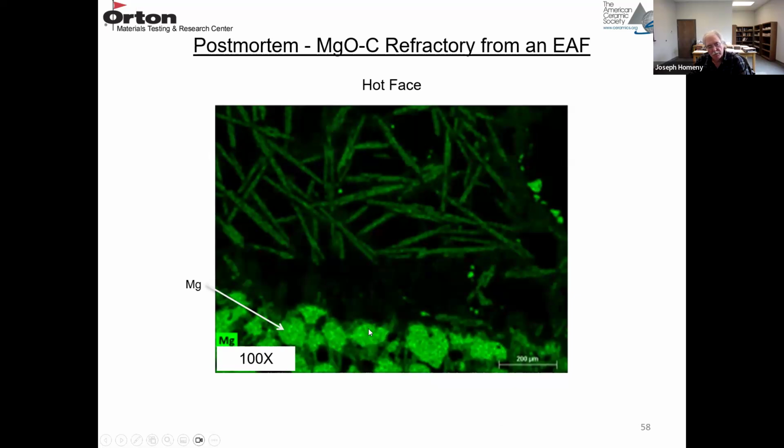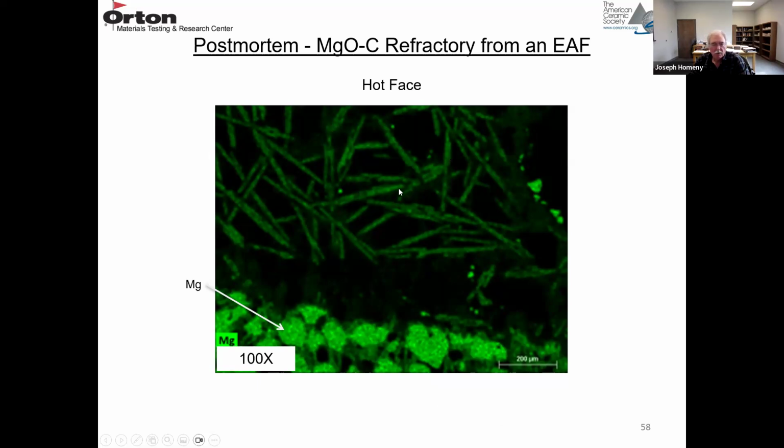So the green is Mg. You can see the individual crystals, and the slag is crystallizing in between there and over here. So there's MgO dissolved in the slag. It shows up as green.